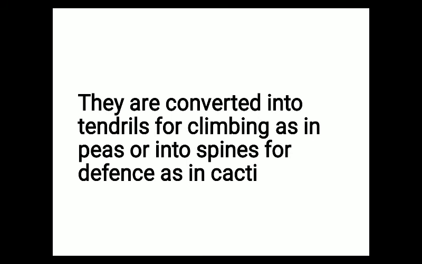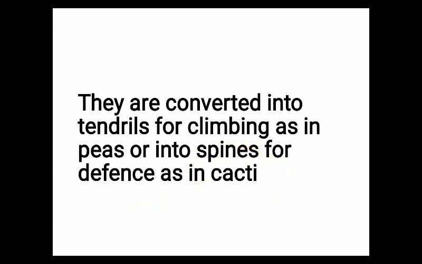As in the pea plant, leaves are modified into tendrils. From the tip of the leaf, tendrils arise, and these help in the climbing of the plant. And the second modification is of leaves into spines for defense, as in the cactus plant.